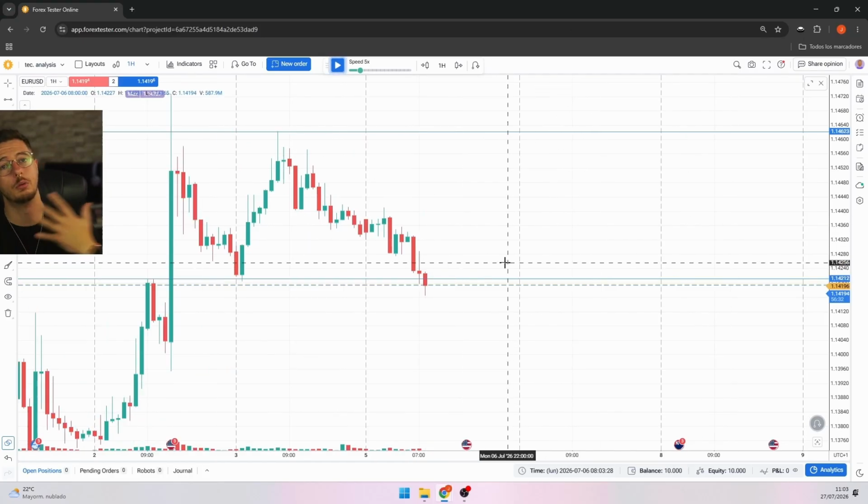And to finish off, what we need to understand as well is our leverage. Our leverage is basically the amount of money that we can put into each trade. So let's say I have a leverage of 1 to 100, that means that for every dollar that I put in the market, the broker puts in $100 for me.